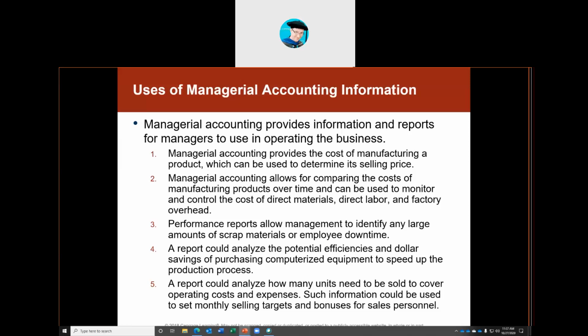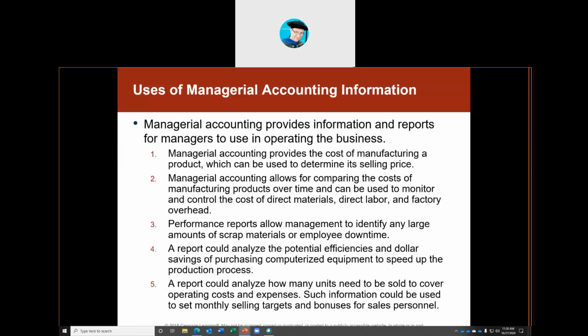Okay, I just said three key terms: direct materials, direct labor, and factory overhead. I want you all to understand these three terms. These are the three elements that go into manufacturing a product.